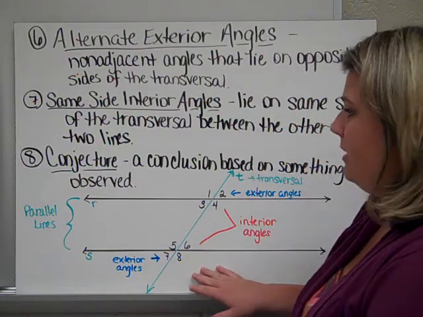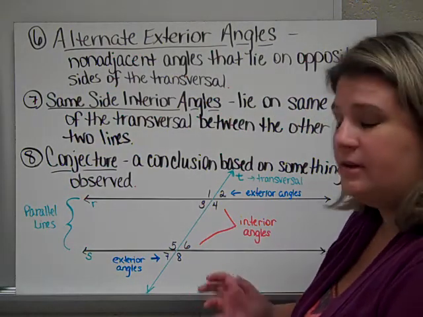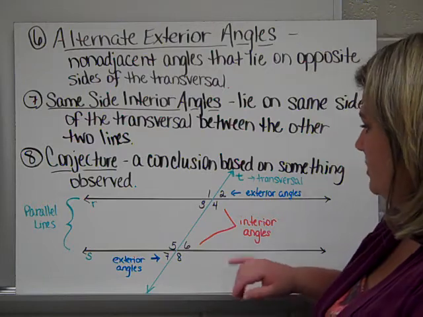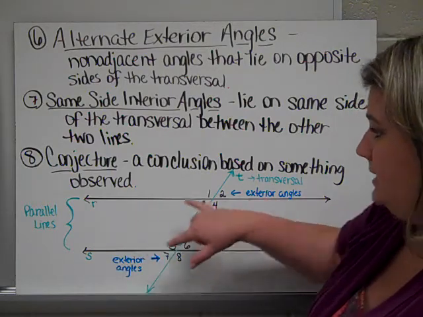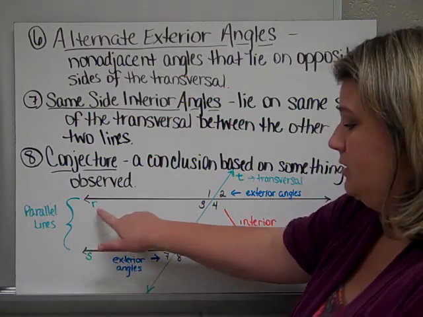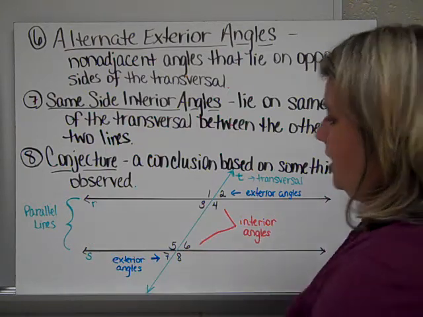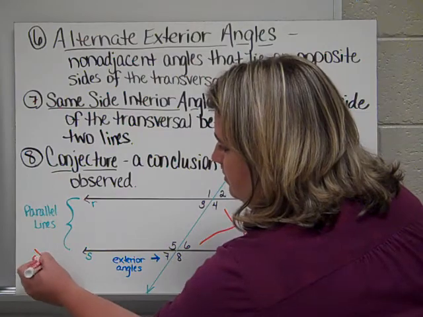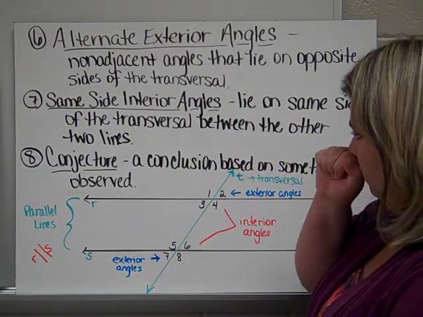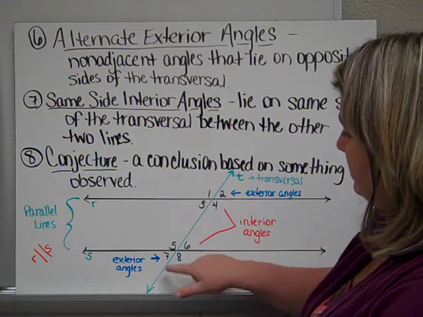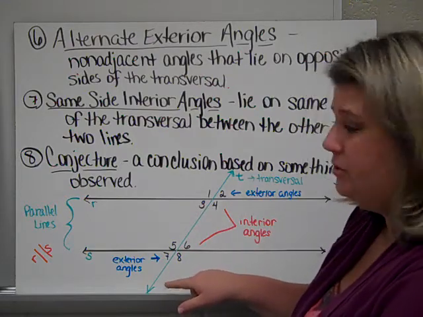All right, here's a diagram that will help us with some of these definitions. You notice I have two lines, and these lines, as indicated, are my parallel lines, line R and line S. They are parallel. Line T here is my transversal.